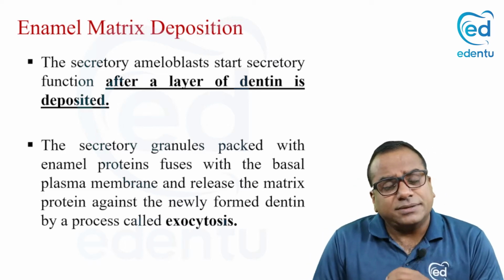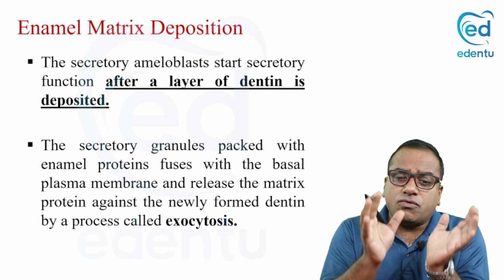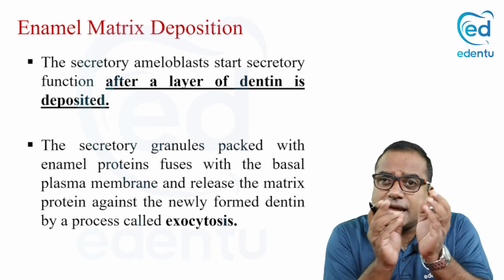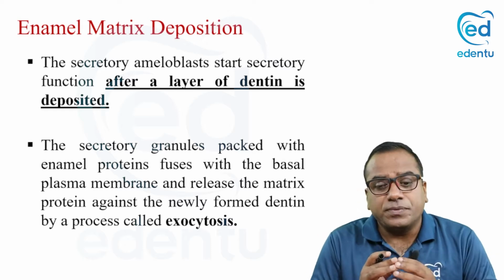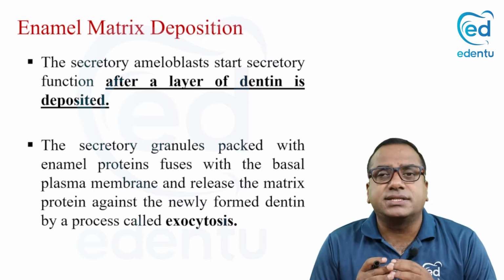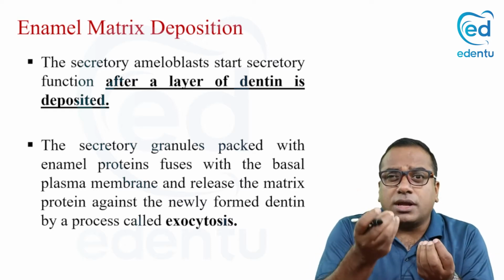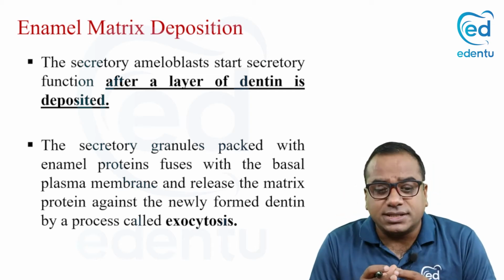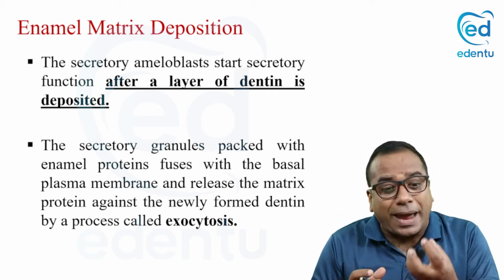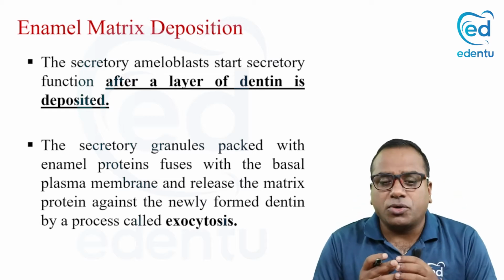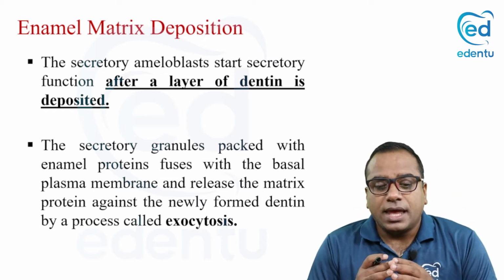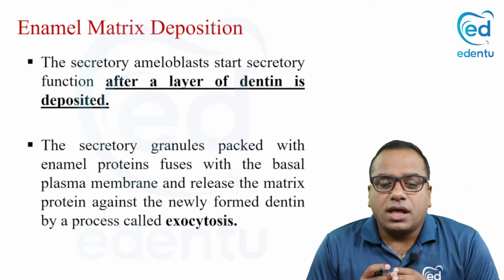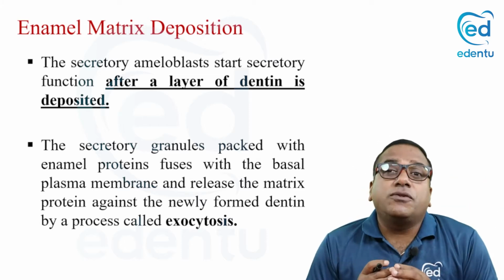Enamel formation begins in the cusp tips. Before that, the secretory granules: now we have a secretory ameloblast and we have all the granules. These granules are packed with enamel proteins. Your amelogenin, non-amelogenin, all these are enamel proteins. So the secretory granules are packed with all of them, rich in proteins, and they migrate towards the basal plasma membrane and release the matrix protein against the newly formed dentin.